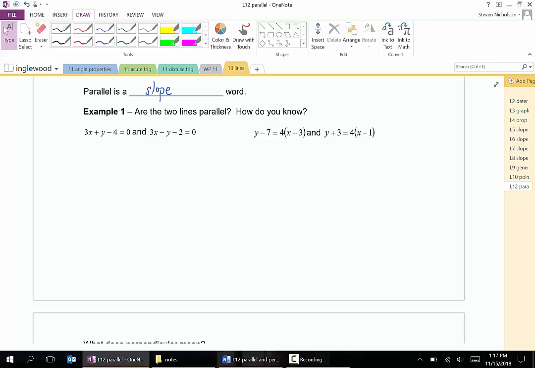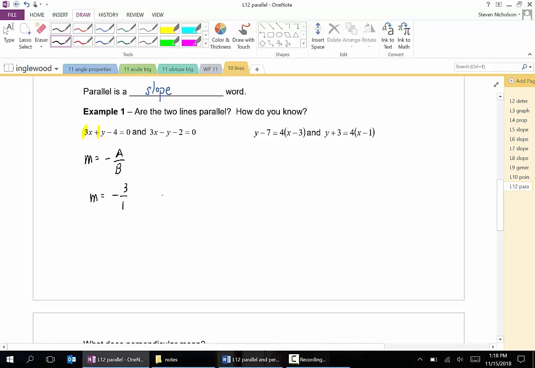So in our first example on the left, both of those are in general form, and I gave you a shortcut for slopes of lines in general form. So the slope of the one on the left would be negative 3 over 1. The a is 3 and the b is 1.